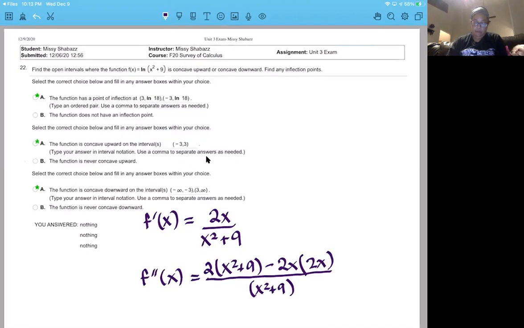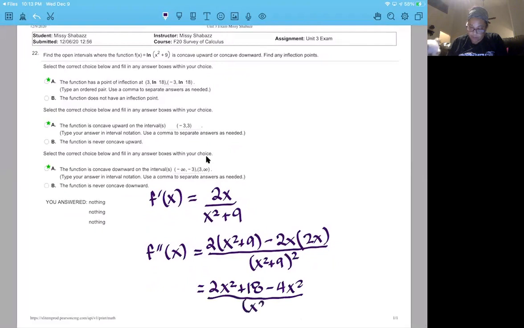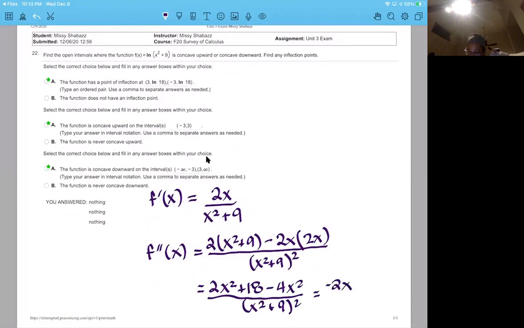Let's distribute in the numerator. So I have a 2x squared plus 18 minus 4x squared over x squared plus 9 squared, which gives me negative 2x squared plus 18 over x squared plus 9 squared.